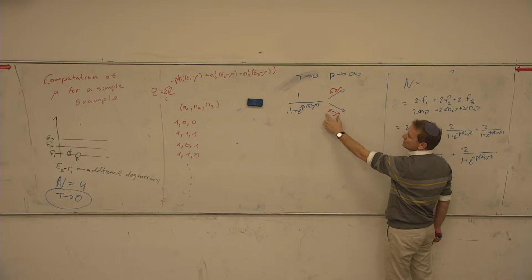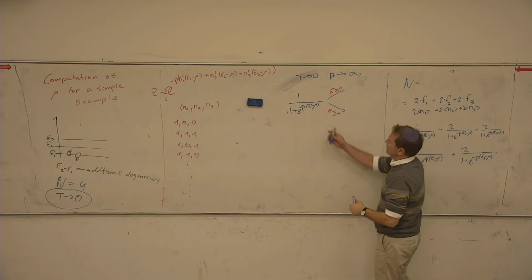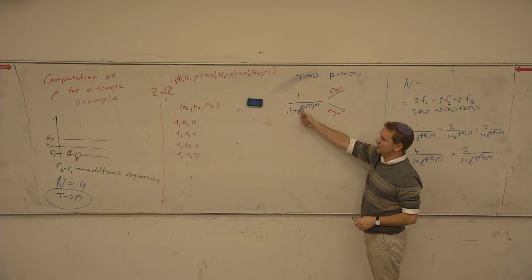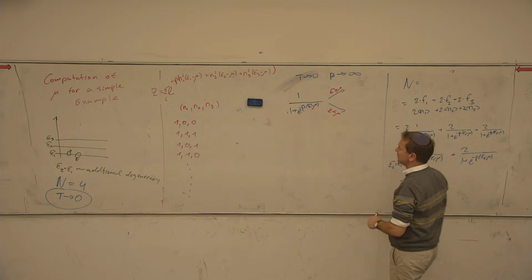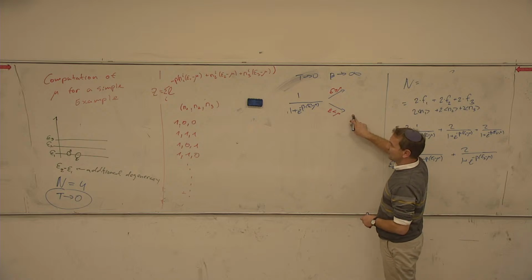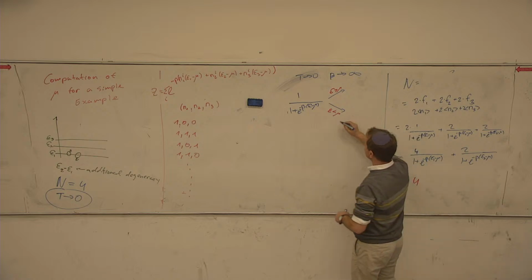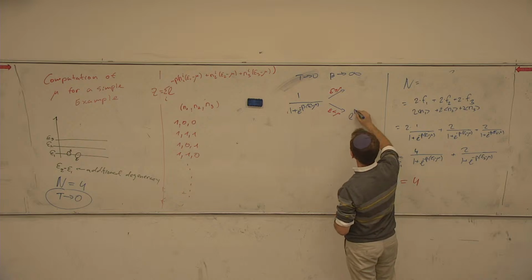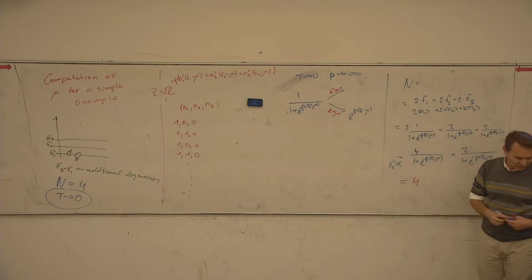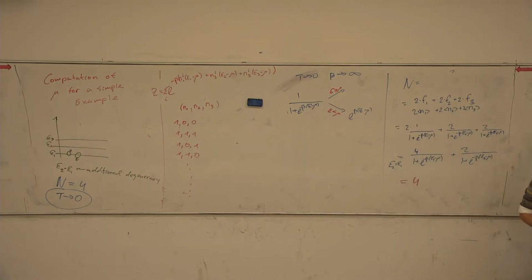When epsilon is smaller than mu, this is a negative number. So with the minus over here, it's a positive number. Okay, so we have 1 plus e to the minus beta, so this goes to e to the beta (epsilon minus mu), when epsilon is smaller than mu.